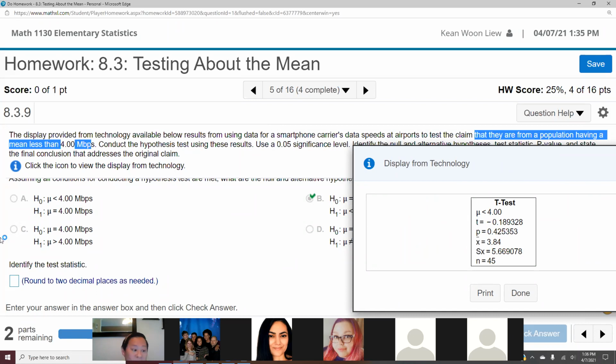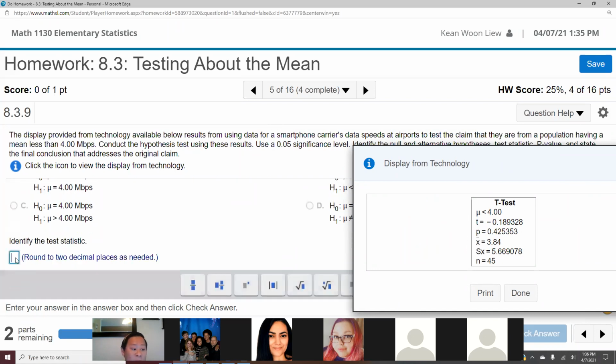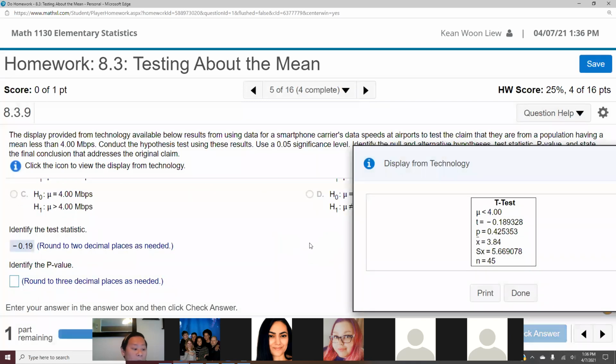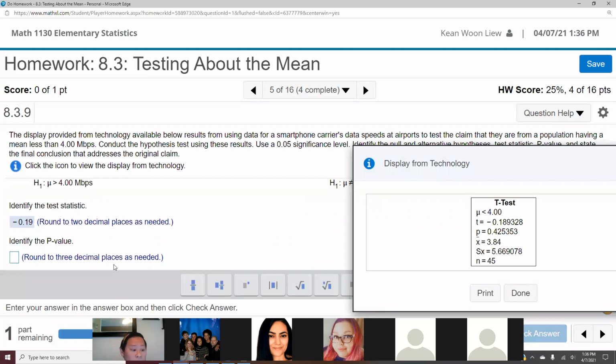T. Yep, T. So your answer in this case will be negative 0.19. And the p-value is right underneath it. If they give you the technology display, you just use it to answer the question.